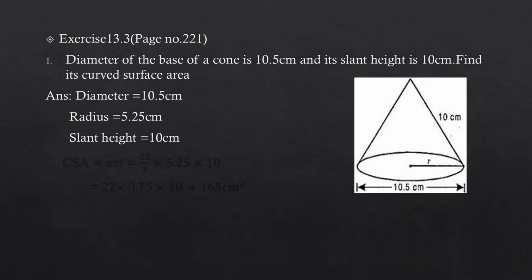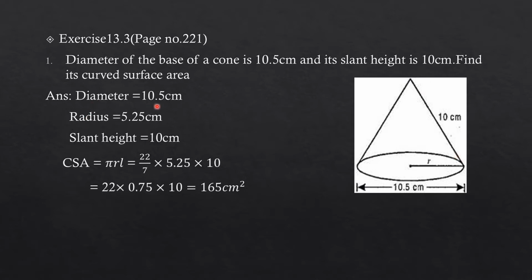Let us start exercise 13.3 in page number 221. Question number 1. Diameter of the base of a cone is 10.5 centimeter and its slant height is 10 centimeter. Find its curved surface area. We can see a cone with diameter 10.5 and slant height equal to 10.